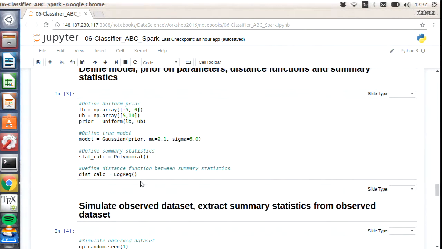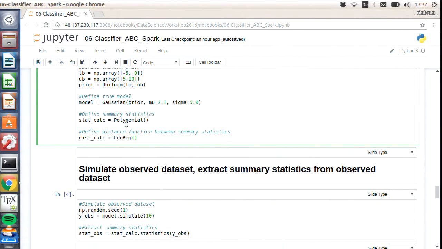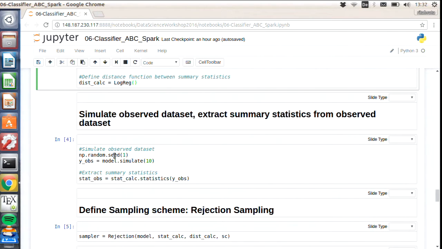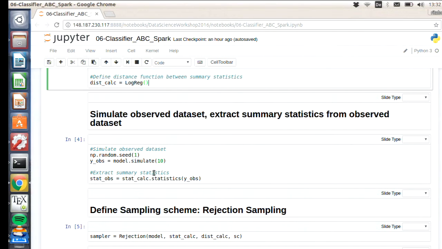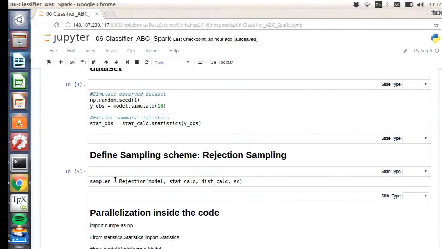This package, the smaller version, is already available in your virtual machine, so you can go into it and play with it and see how these things work. So these are the feeding of the summary statistics and the distance functions, and you simulate y-obs, which has like 10 objects. So just model simulate, you observe, create it, and then you extract the statistics, and it just goes through. Now, where was the Spark, and where did we do the Spark thing?